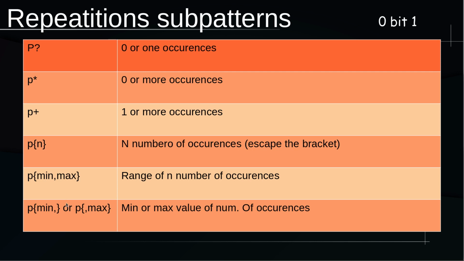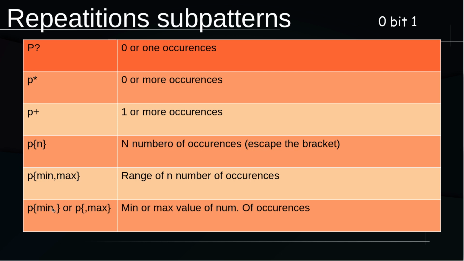Similarly we have min and max, like if you want to select 3-digit numbers up to 5-digit numbers, so 3-digit, 4-digit, and 5-digit numbers. If you want to select all these, then you can just write 3 in place of min and 5 in place of max, and write your pattern on the left side, and you'll get all the 3, 4, and 5-digit numbers, and not any other number.